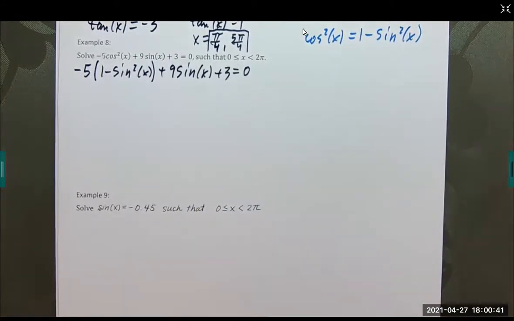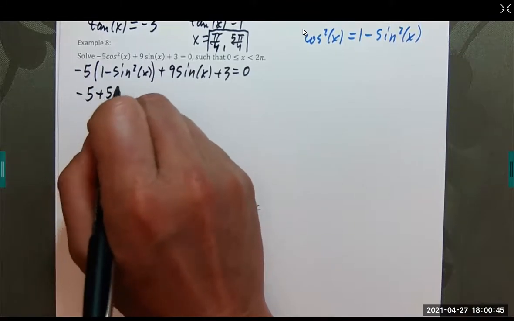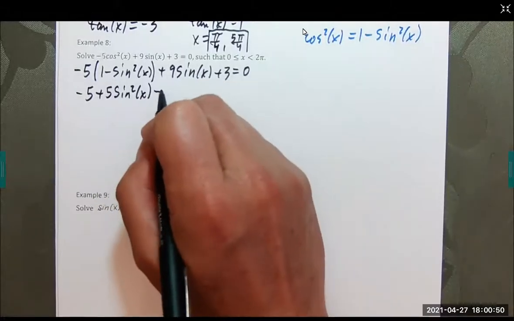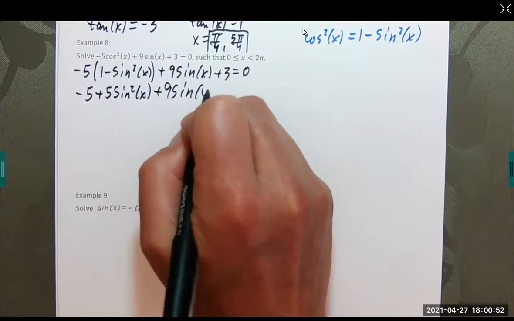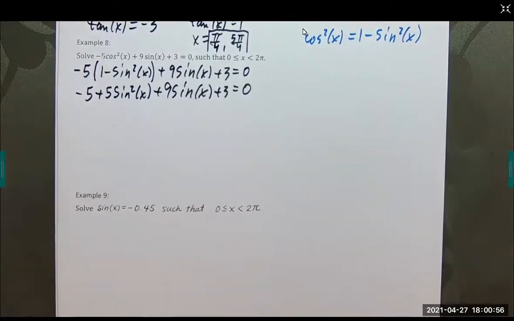I'm going to distribute the -5. And I'm going to combine my like terms.